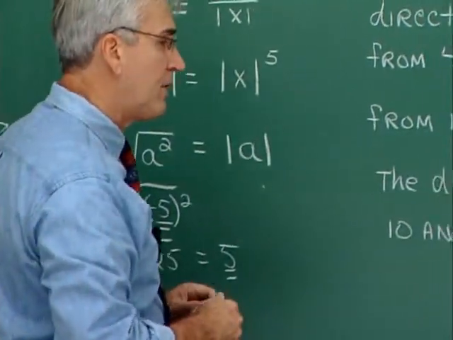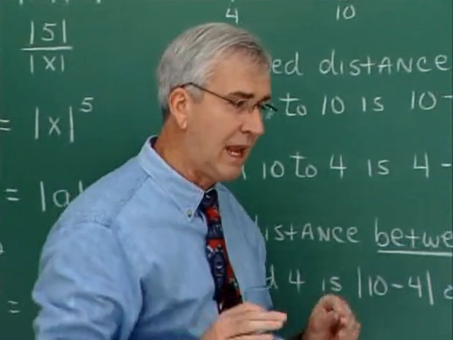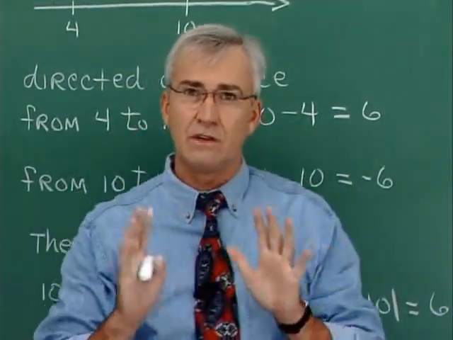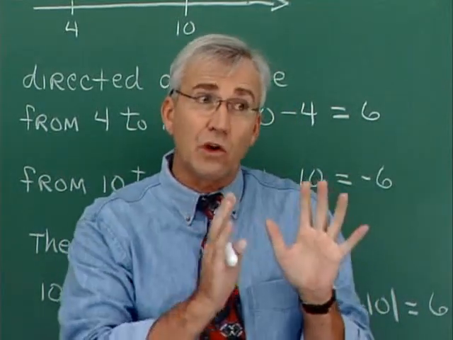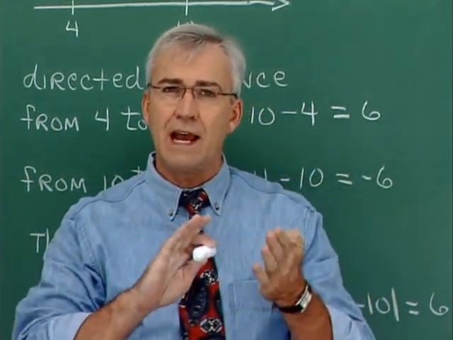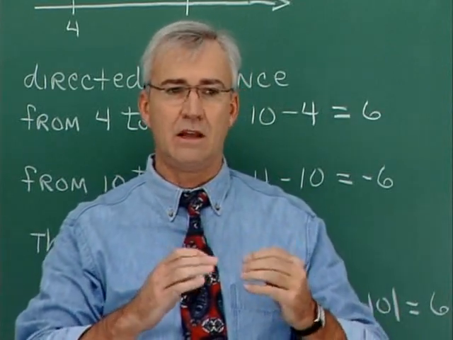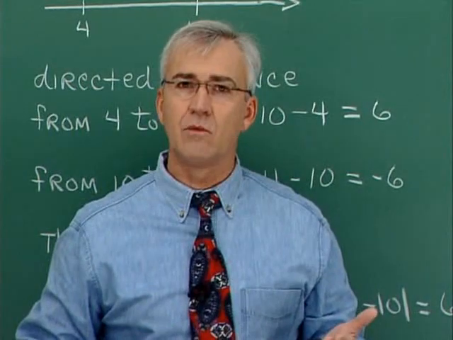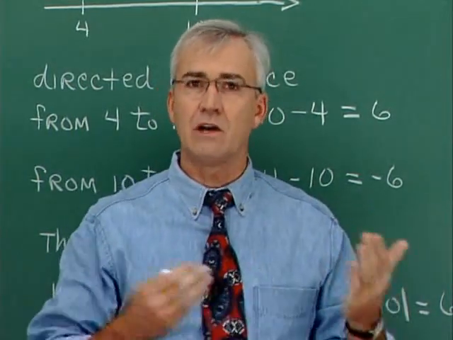There is a difference between distance and directed distance. When the word directed is part of that idea, then the distance has a direction associated with it. So the direction could be positive or negative.